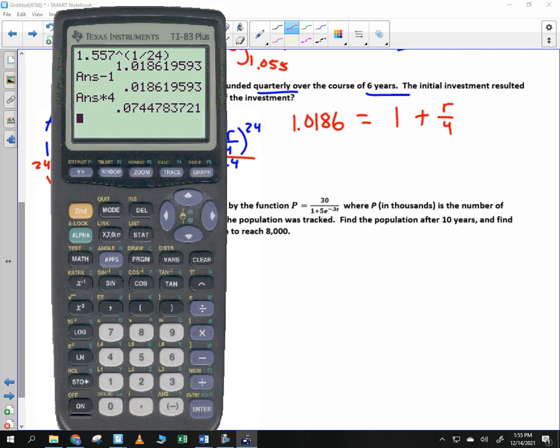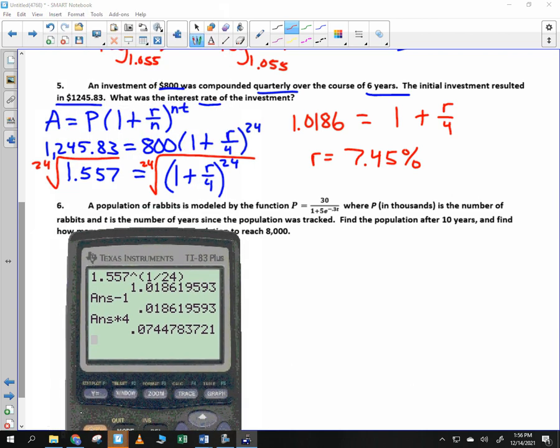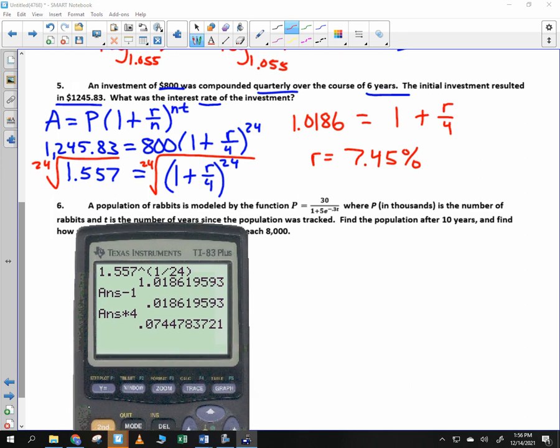Yeah, I subtract 1 and multiply by 4. R is equal to 7.45%. And then you divide by 4. Multiply by 4.